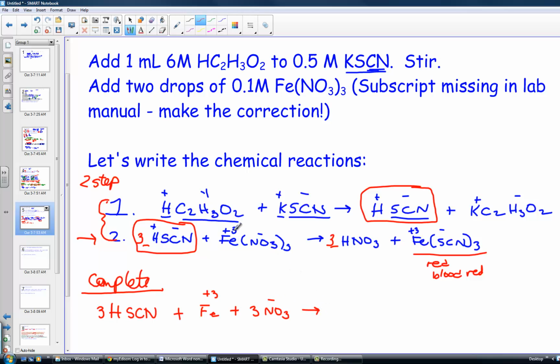Alrighty. So Fe is a plus 3, broke one apart. 3 groups of nitrate, each at a -1. Over on this side, HNO3 is strong. It's one of the 7 strong we had to memorize. So it breaks apart. We get 3 groups of the hydrogen ion and 3 groups of nitrate ion.